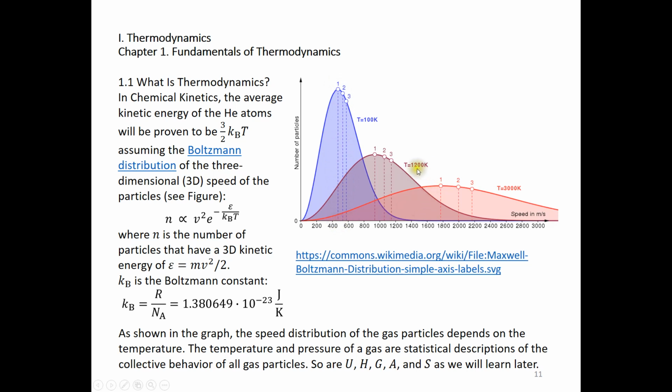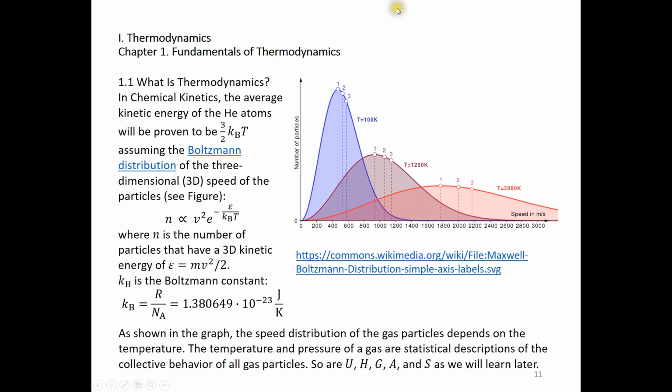When you have a higher temperature like 1200 Kelvin, we have a larger most probable speed. So this labeled number 1, this is most probable speed. Even higher temperature, we have even higher most probable speed. What about number 2, number 3? Later we'll see. Number 2 is the so-called average speed, and this number 3 is the root mean squared speed.